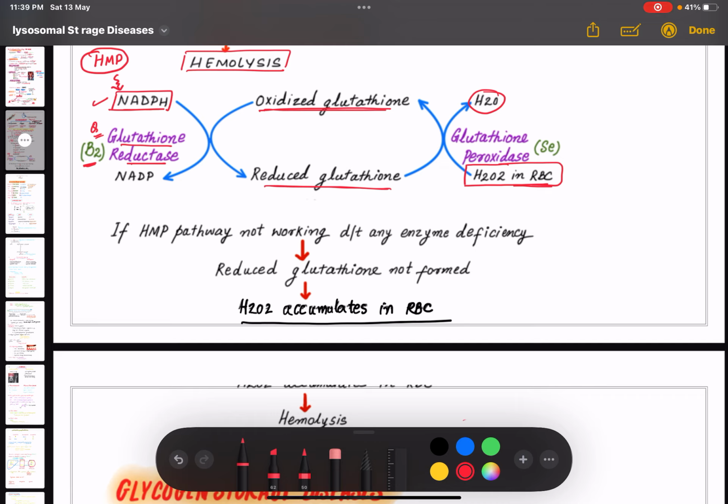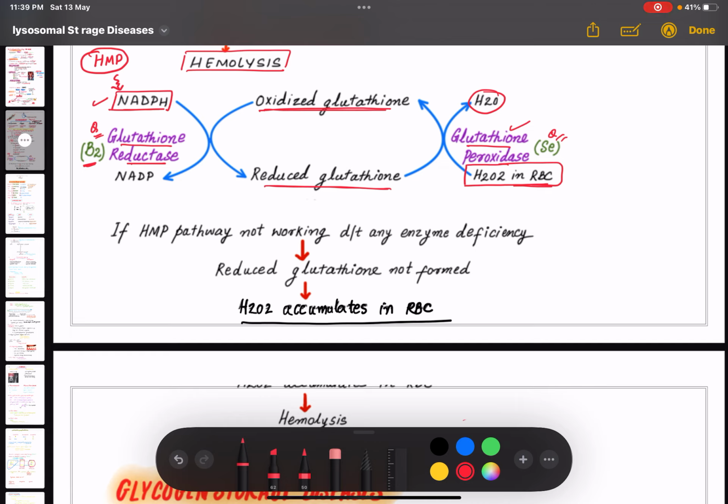But there is an enzyme known as glutathione peroxidase, and it is a very important enzyme in that it needs selenium to work. If selenium is not there, this enzyme, glutathione peroxidase, will suffer.